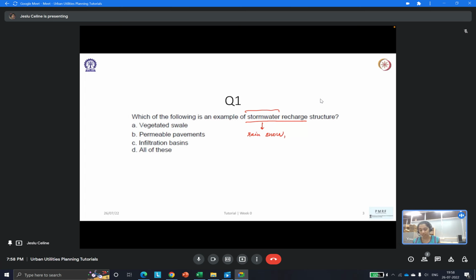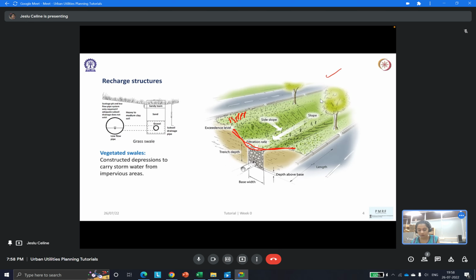So what is a vegetated swale? On the right hand side image, if you look, you have some vegetation, and then certain pits or regions where water can be collected. It can be in the form of a slope, and this slope is again filtered down, and this is what we call a vegetated swale.